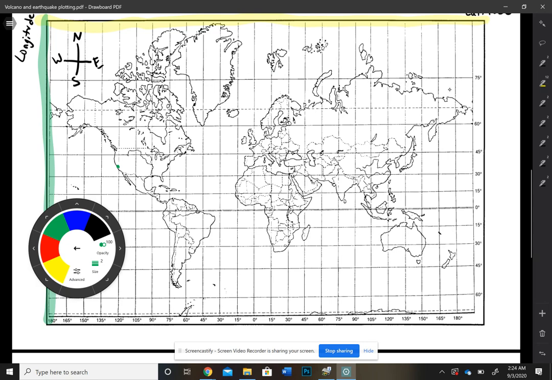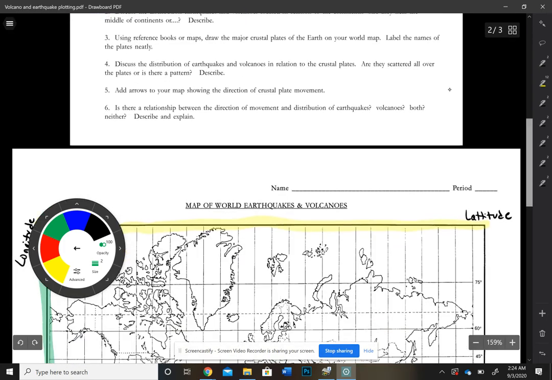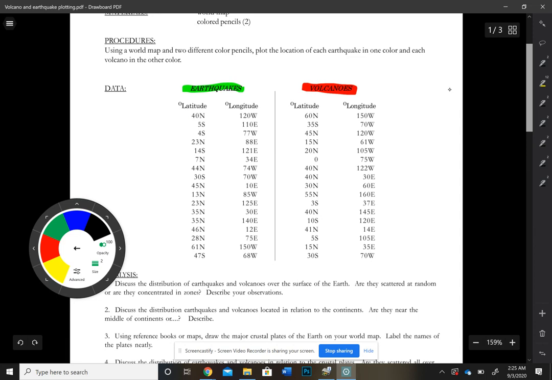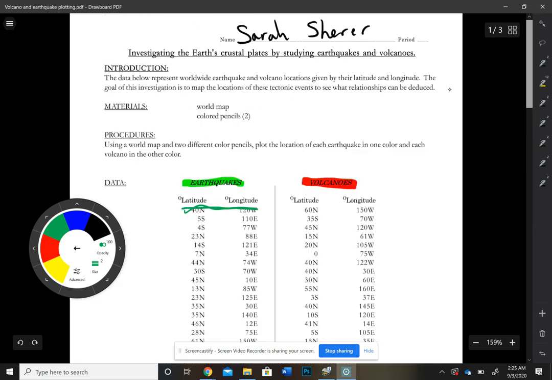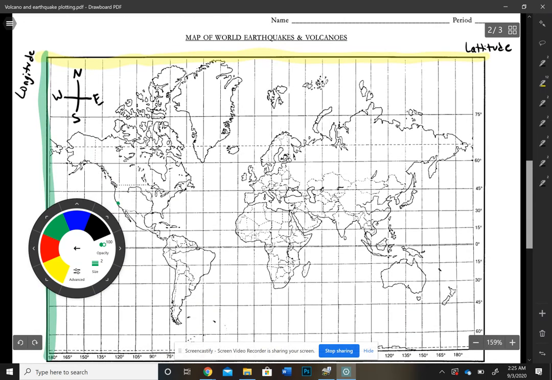Okay, so I put my dot. Now I need to scroll back up and cross out 40 north, 120 west. Oops.